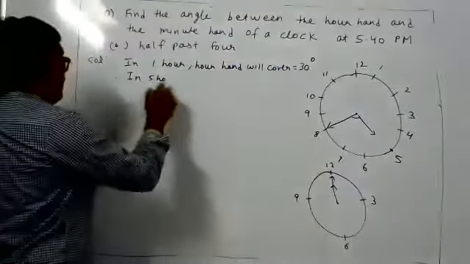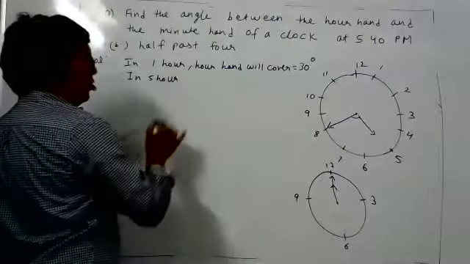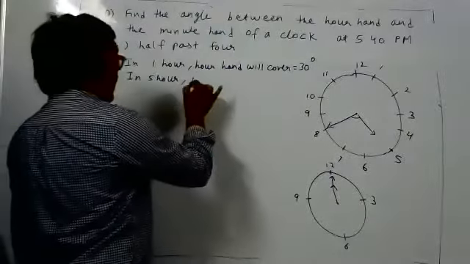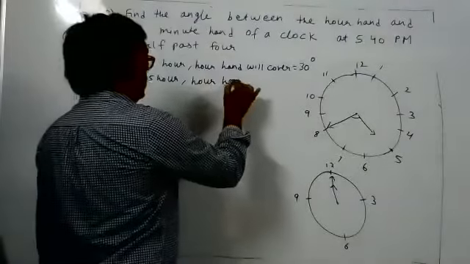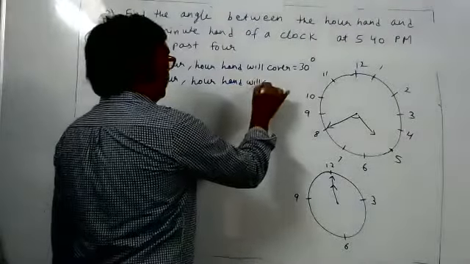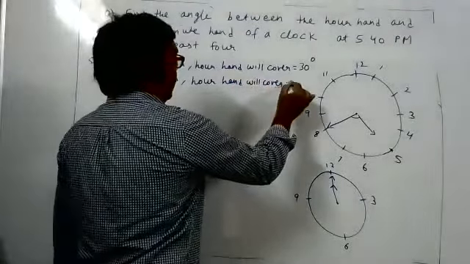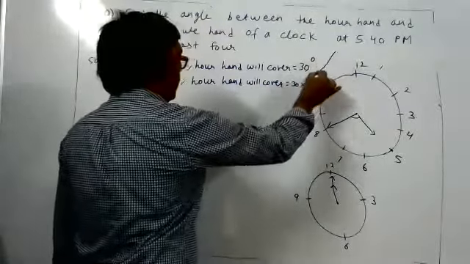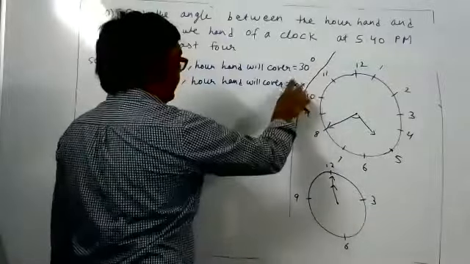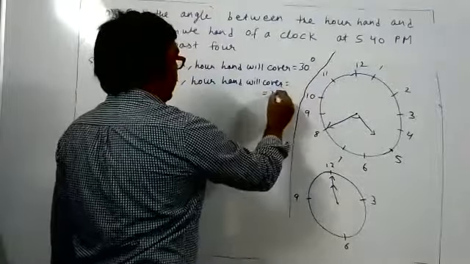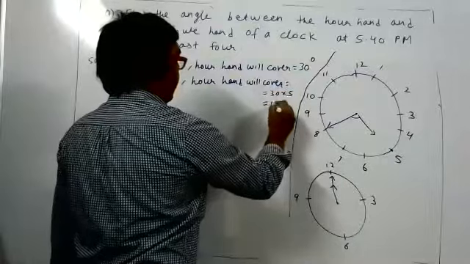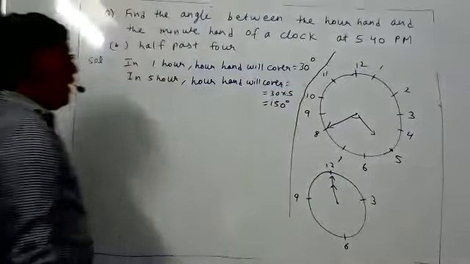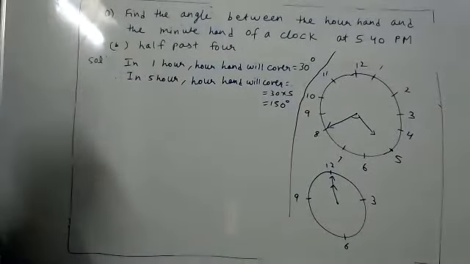So in 5 hours, how much angle will our hand cover? 30 into 5, that is 150 degrees. So our hand will cover 150 degrees.